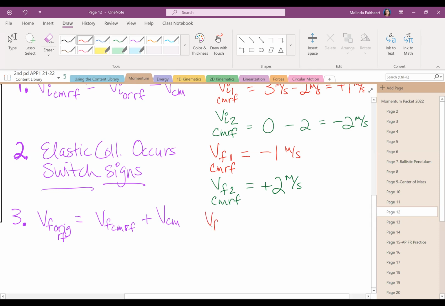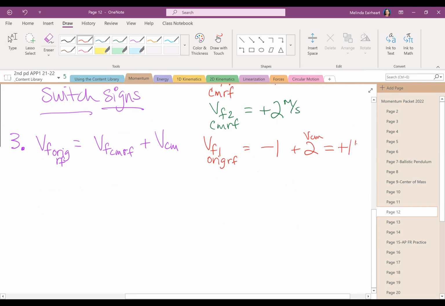So for red, now in the original reference frame, it'd be that -1 that we just had plus the 2. That's VCM. And here we get a +1. And then for the green, the final velocity back in the original reference frame would be that +2 that we just had plus VCM. And that comes out +4.